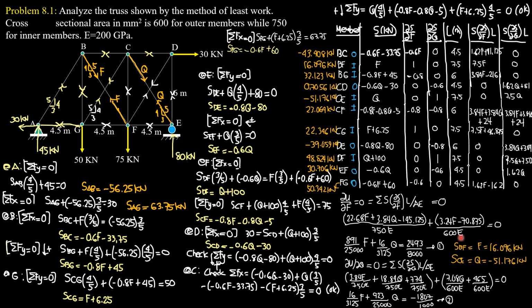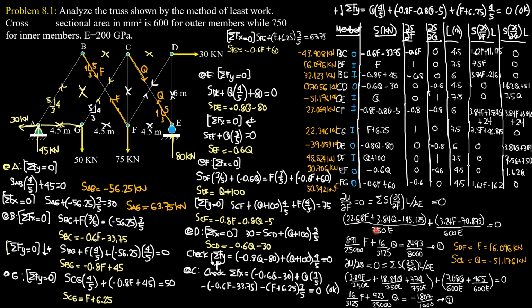So 600E. For the constant, for the outer members, we have positive 91.125 and negative 162. So 91.125 minus 162 is negative 70.875. Then divided by area 600E equals 0.